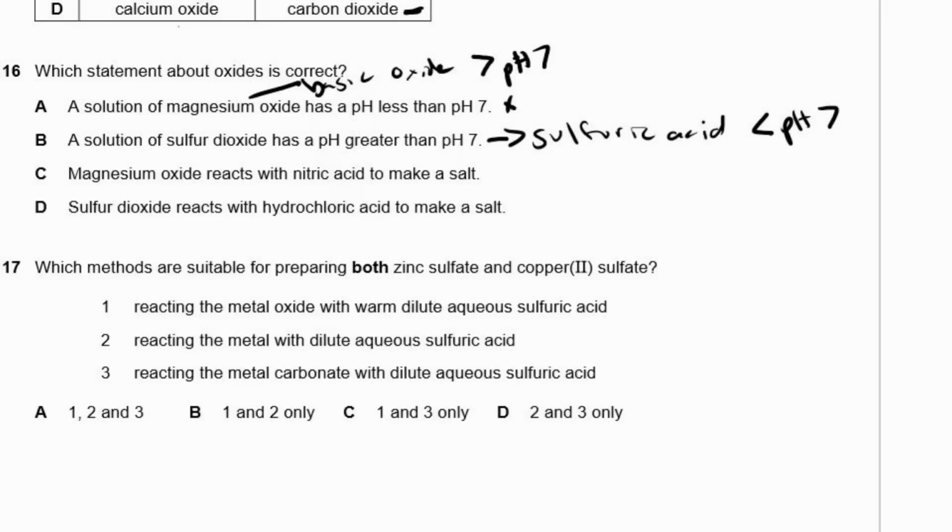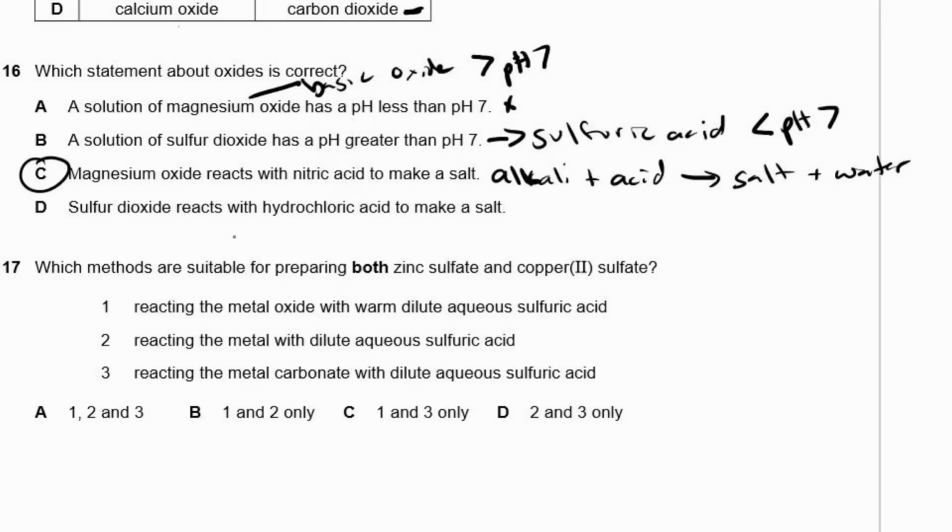It's acidic. Magnesium oxide reacts with nitric acid to make a salt. Well, if magnesium oxide is a basic oxide, that would be an alkali. An alkali plus an acid of nitric acid produces a salt plus water. So that looks like it's the answer.